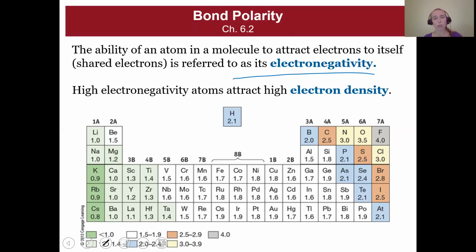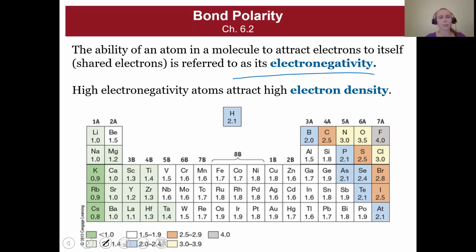They're very similar, but electronegativity refers specifically to the ability of an atom to attract electrons from a bond, not electrons when that atom is by itself in the gas phase. When that atom is by itself in the gas phase and you're trying to add electrons to it, that is electron affinity. When an atom is attracting electrons between itself and another atom, that is electronegativity.